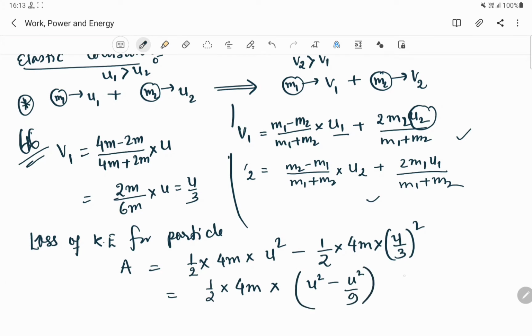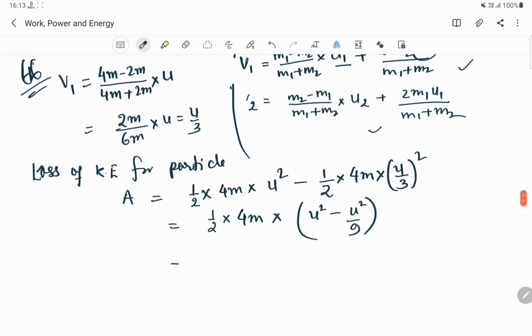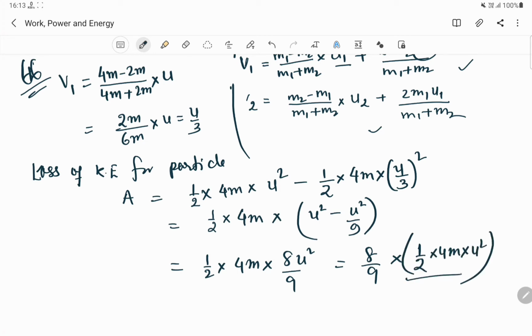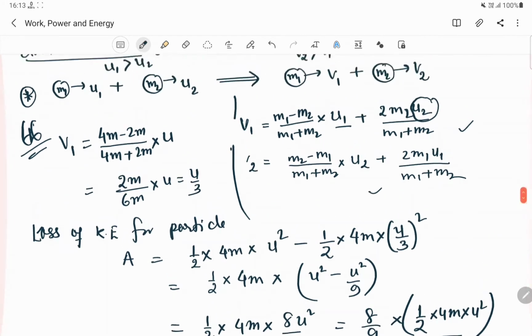So the answer comes out to be half into 4m into 8u square divided by 9. This is equal to 8 by 9 into half into 4m into u square, which is equivalent to the initial kinetic energy.